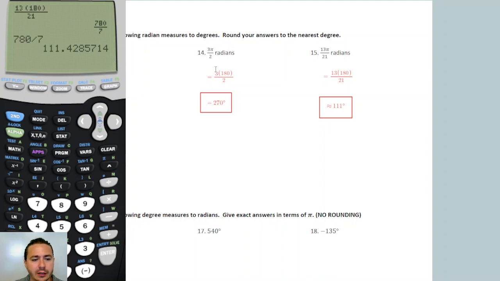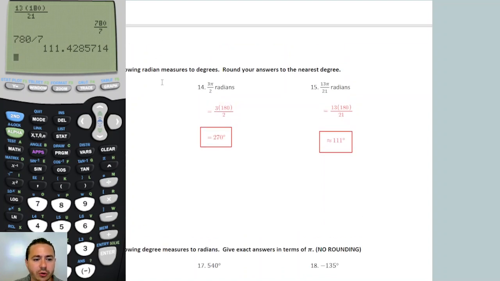So just to show you what your proportion should look like, let's say it's pi radians over 180 degrees, and we want to set that equal to radians divided by degrees. And then we'll do the cross products property, and check out the notes video if you want more detail on how that actually plays out.